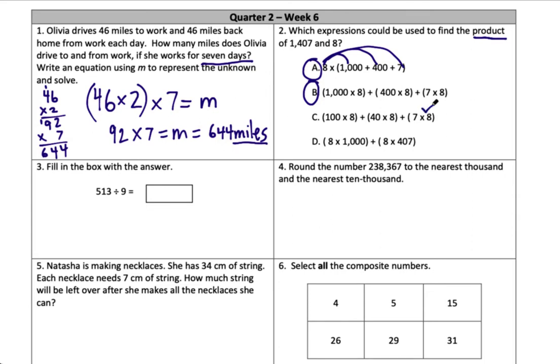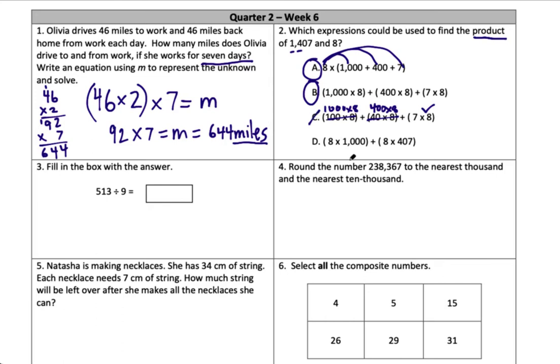Well, this looks good, and this should be 400 times 8, and this should be 1,000 times 8. So these two are wrong. If you go back and look at the problem, it's not 100. This is not 100, that's 1,000. And this is not 40, it's 400. So C would not work.